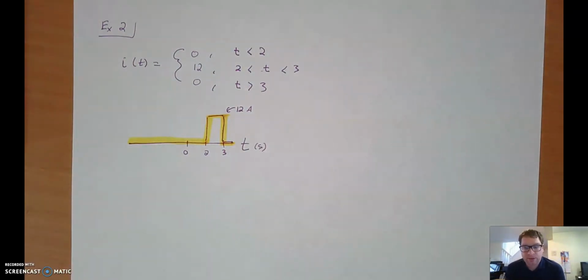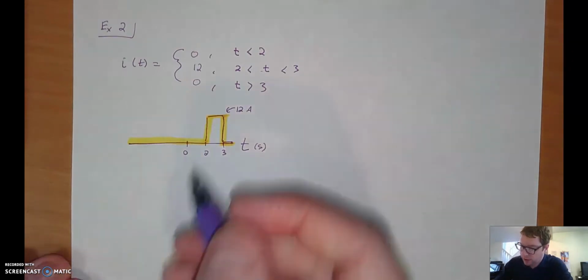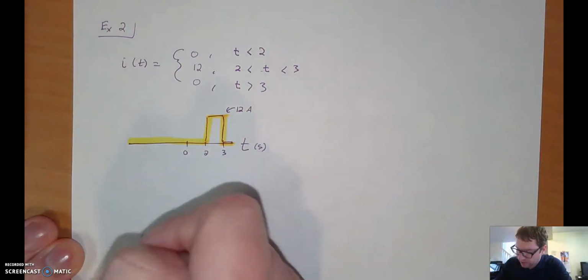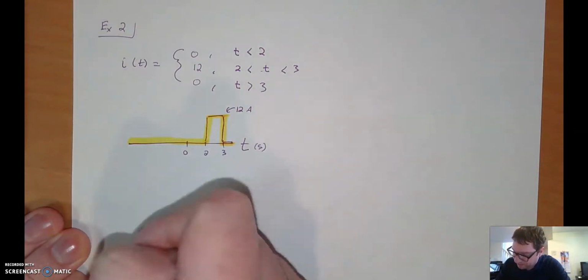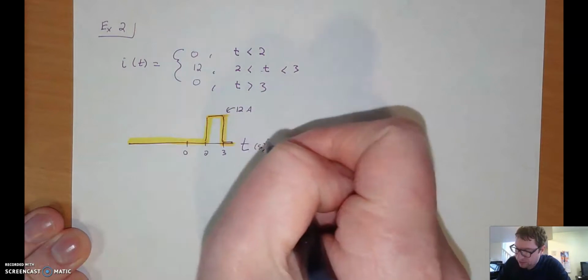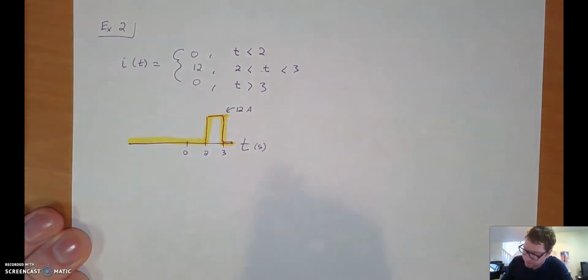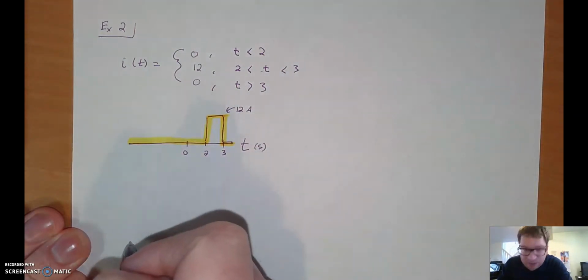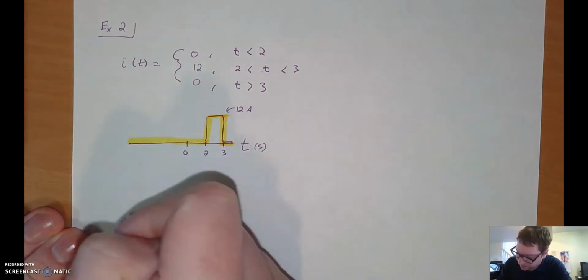How do we write that using those singularity functions that we looked at previously? So before, if we thought about our step function, we would have turned this thing on at 0. That would be pretty easy. We did that in the last example. So how do we delay when things turn on?